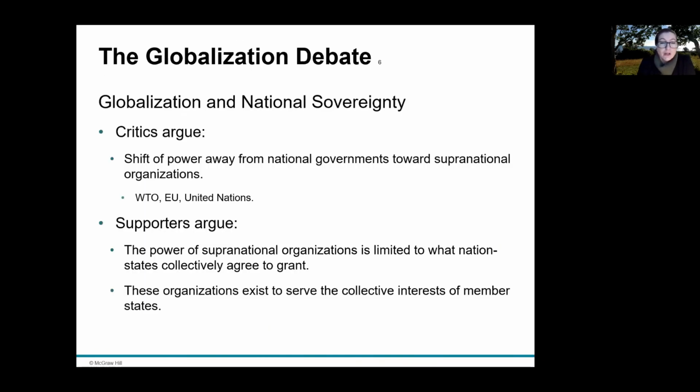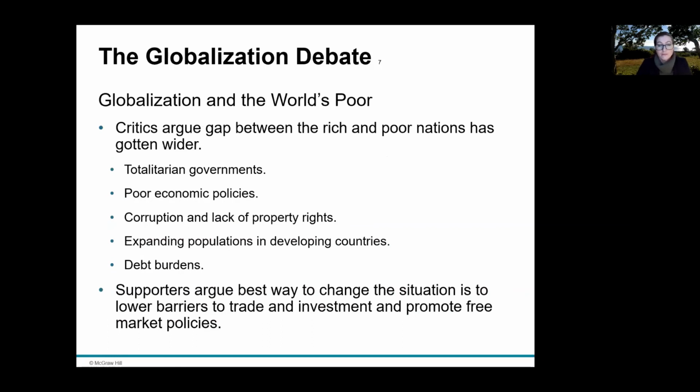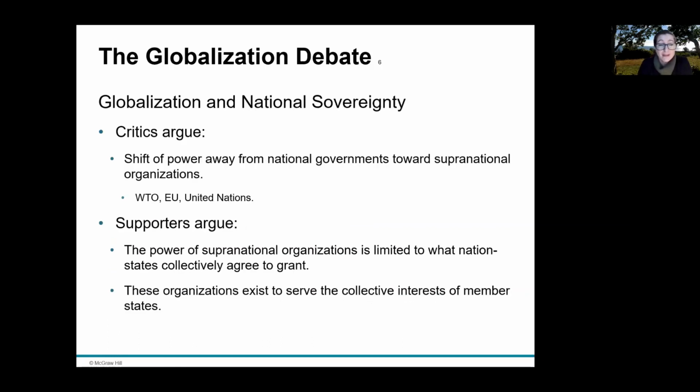Okay, so these eventually come down, but not so for carbon dioxide, and hence the argument for environmental pollution is questioned. All right, the globalization debate with regards to national sovereignty: the argument by the critics is that the shift of power away from national governments and toward these supranational organizations is problematic. The critics don't want these superpowers to be holding the final decision.